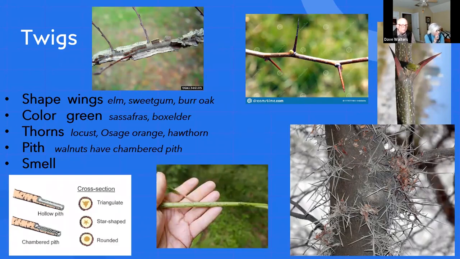Certain things have hollow pith, like a royal paulownia, bush honeysuckle. If you can't figure out what it is, break it open. It's got a hollow pith. And then some, if you cut them, you see a star shape in the middle. That takes you to oaks. If you cut the end of a twig with a sharp knife, you'll see a star shape in the middle of it. So that's pretty cool.